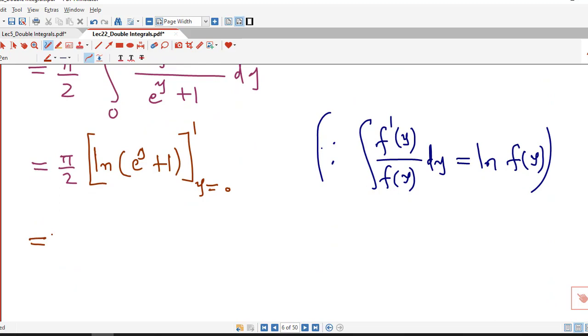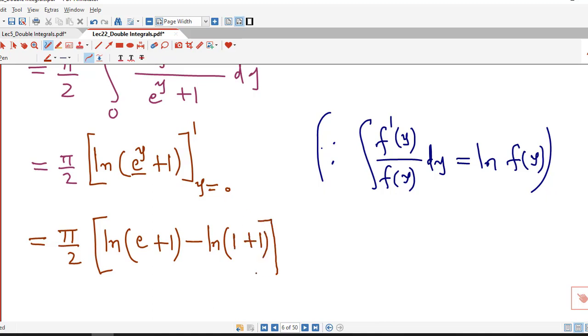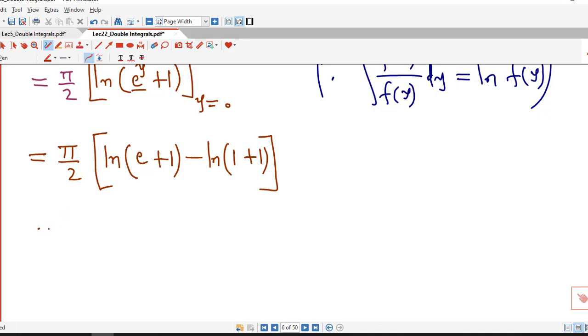So now this is equal to, first we put y equal to 1, so we have log of e raised to 1, that is e plus 1, minus y equal to 0, that is e raised to 0, which is 1 plus 1. And this we can rewrite again as, we keep log of e plus 1 as it is, and this is going to be log 2.